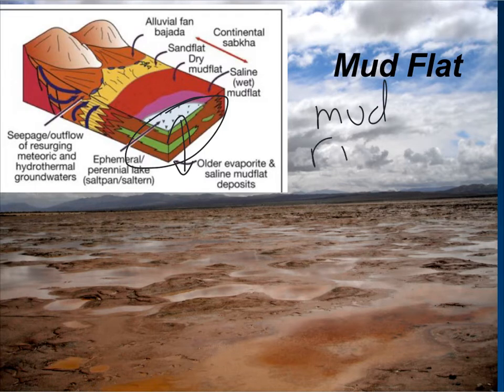You're going to have ripples that are suggestive of some fluvial influence. You might get a lot of bioturbation because it's constantly getting wet.